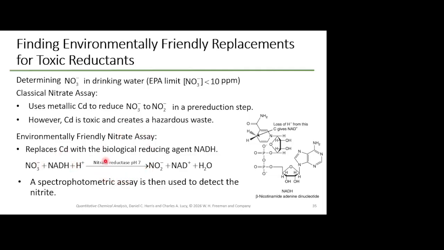We do need to use a nitrate reductase usually to speed this reaction up. We need to keep this around pH 7 or else we will cause the enzyme to not function properly. But that goes quite quickly with the enzyme. Okay, not something we could have done back in the day when they used this, because isolating enzymes, packaging them, and sending them, and all that stuff was not something that was easy to do. This would have been thousands of dollars to get that enzyme, and it would not have lasted.